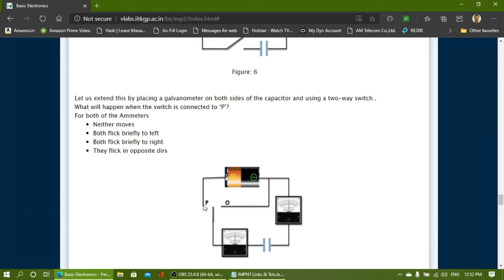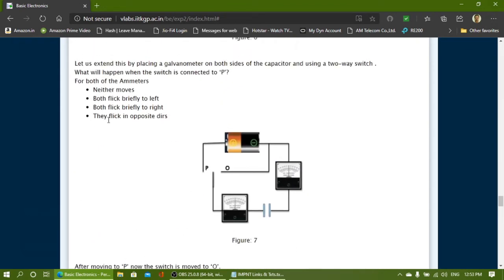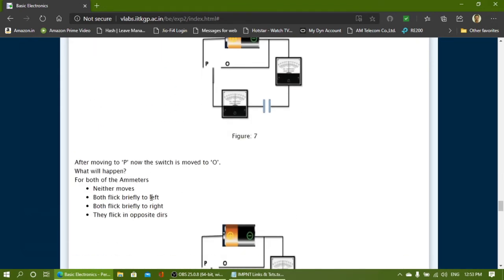When you connect the switch to P, the electron flow goes from here along this path. So this galvanometer shows a deflection to the right side, and this galvanometer shows a deflection to the left side. That is why they flick in opposite directions.